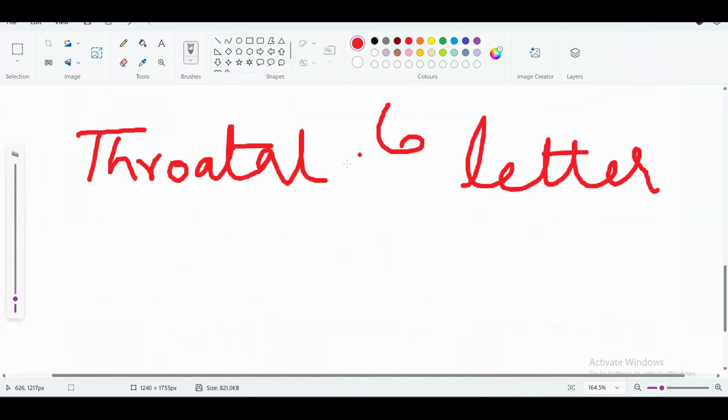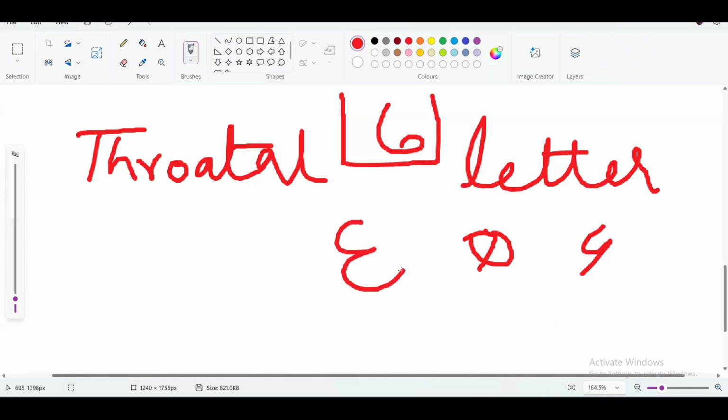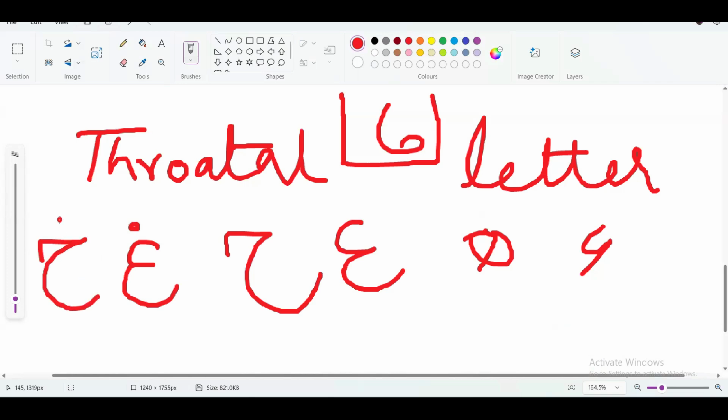So there are six throat letters: Hamza, Ha, Ain, Ha, Ghain, and Kha. You can notice that all these letters are pronounced from our throat.